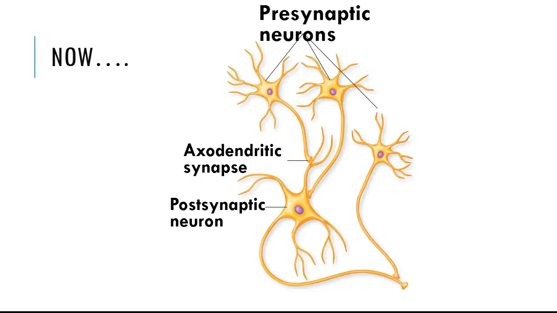What do you think we call the synapse where it synapses on the cell body? Very good. Axosomatic. Very good, y'all. Getting your terminology. Axosomatic synapse.